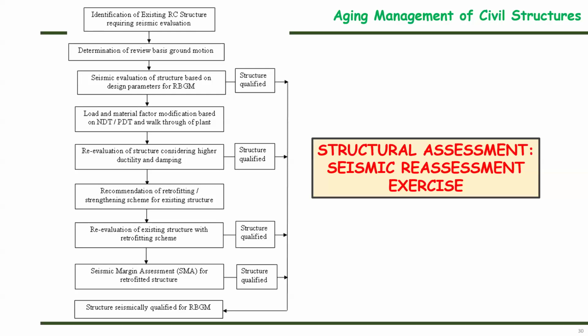And here, if the total demand for all the structural elements is less than the capacity, then fine, my structure is qualified. Otherwise, I may have to find other locations where structural members may require retrofitting. This is why I said this is an iterative procedure, and we carry out this procedure until the demand is less than the capacity for all the structural elements.